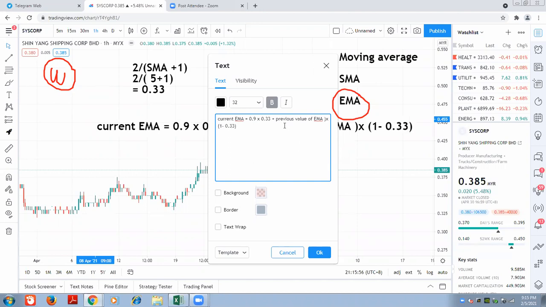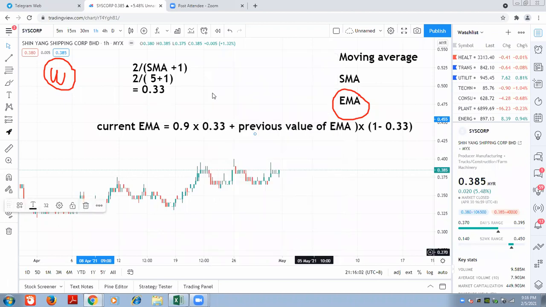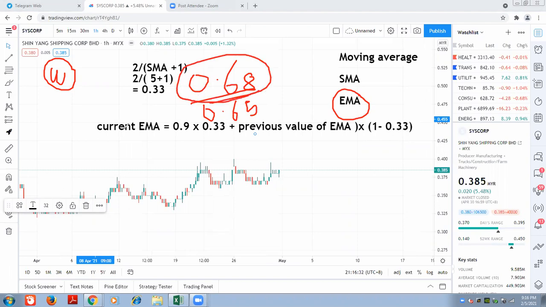That is the formula we use to find the EMA based on the 5 days. The value of the EMA doesn't mean it's going to be equal to the SMA. So this is the value of the EMA.